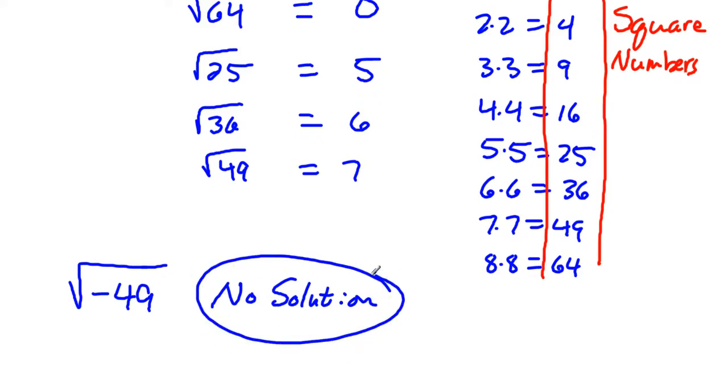When you do square roots, it always has to be a positive number. So if they do happen to give you the square root of any number, it doesn't matter what the number is, if it's anything negative, it's always going to be no solution.